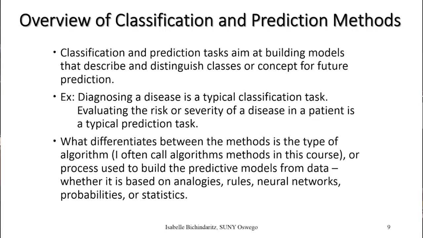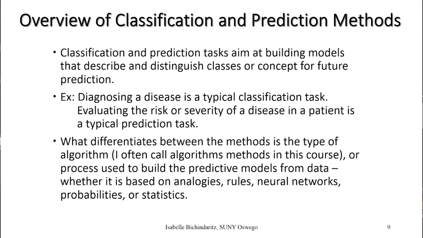And the models will describe and distinguish classes or concepts for future prediction. For example, as I said, diagnosing a disease is a typical classification task. And evaluating the risk or severity of a disease in a patient is a typical prediction task.